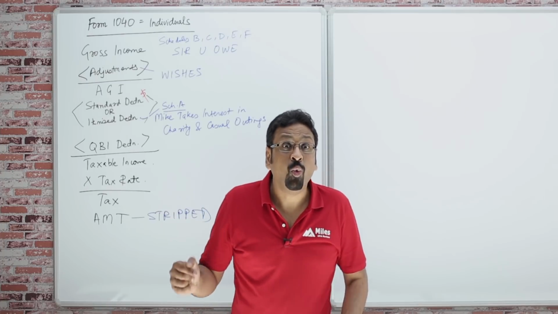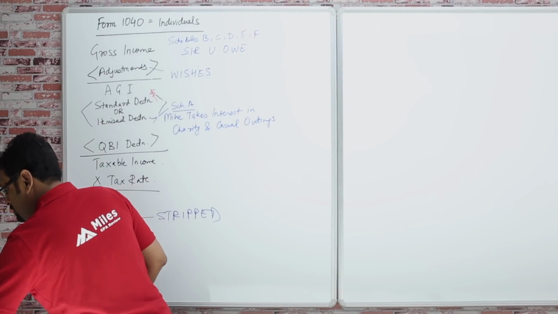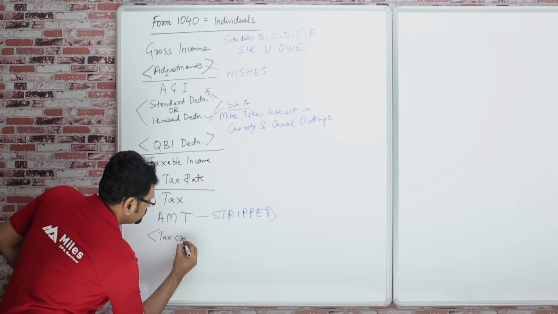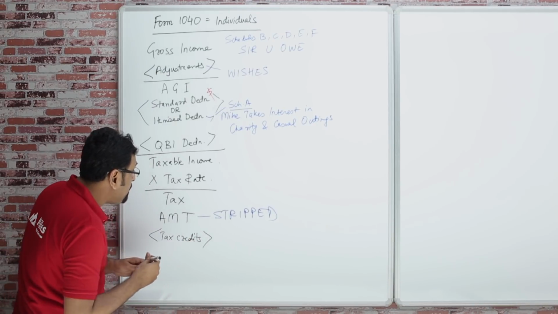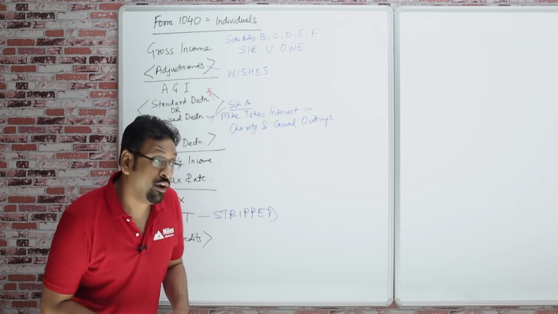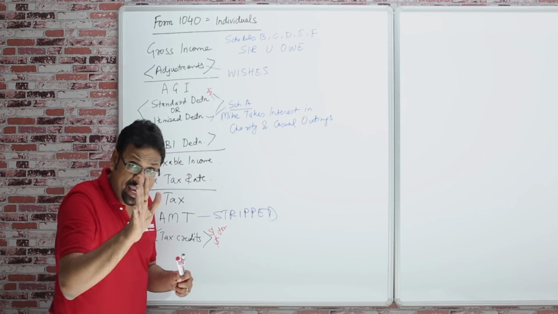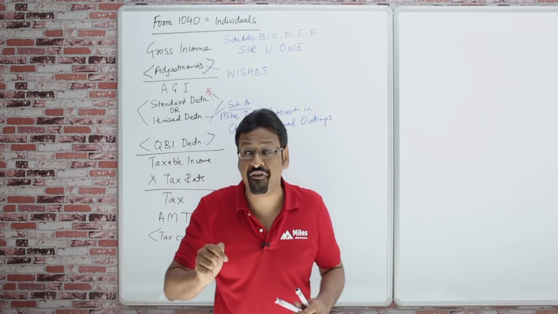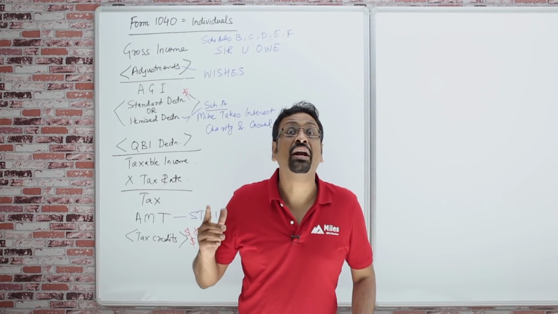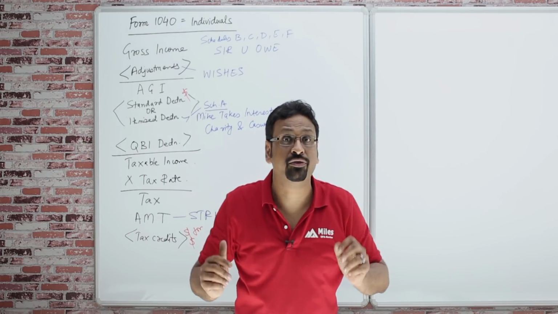But now we'll talk about tax credits. Tax credits help you reduce your taxes dollar for dollar, in such a way that if you have a $1,000 tax credit, it would reduce your tax bill by the entire $1,000.